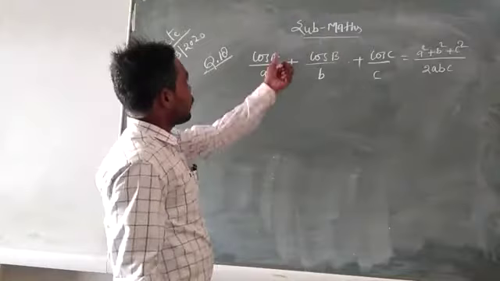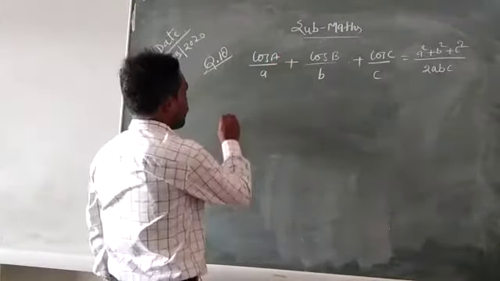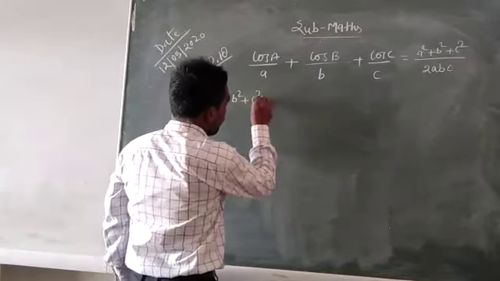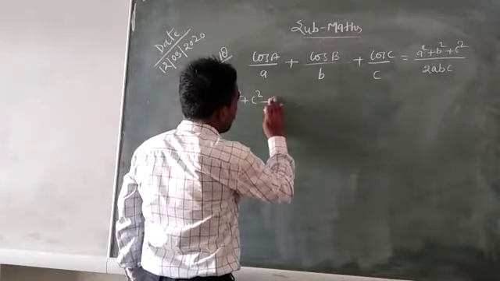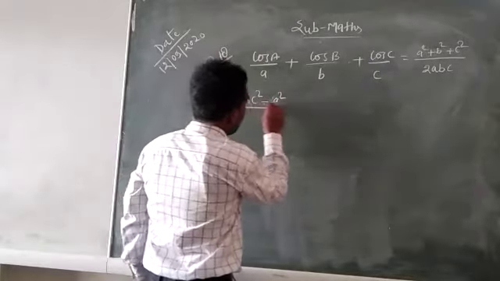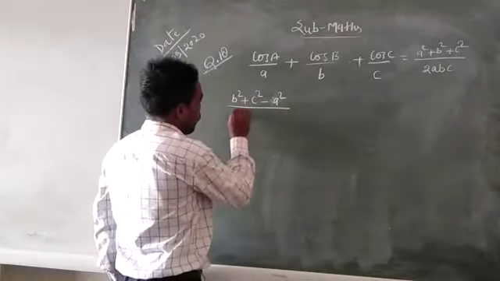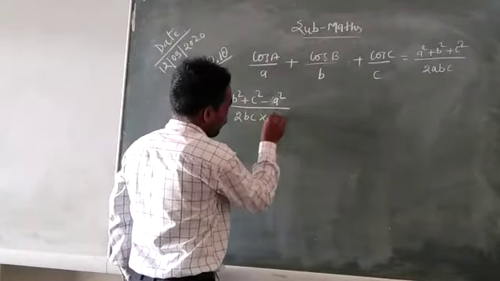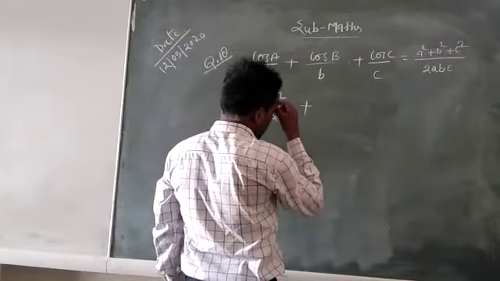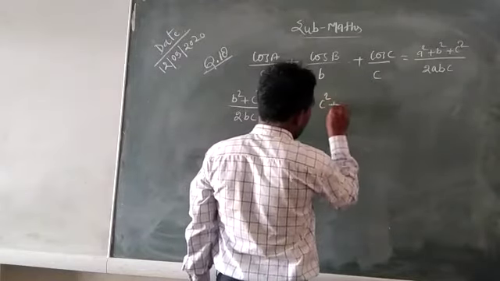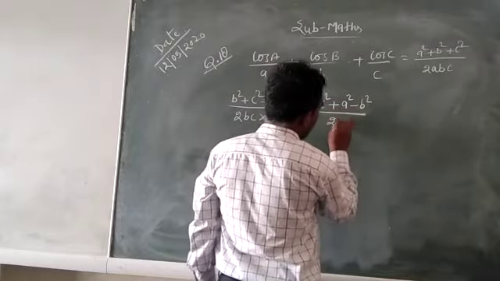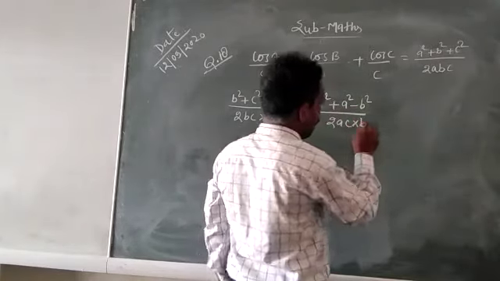As we know, by the cosine formula, cos A means b square plus c square minus a square divided by 2bc, multiplied by a. Similarly cos B means c square plus a square minus b square divided by 2ac, multiplied by b.